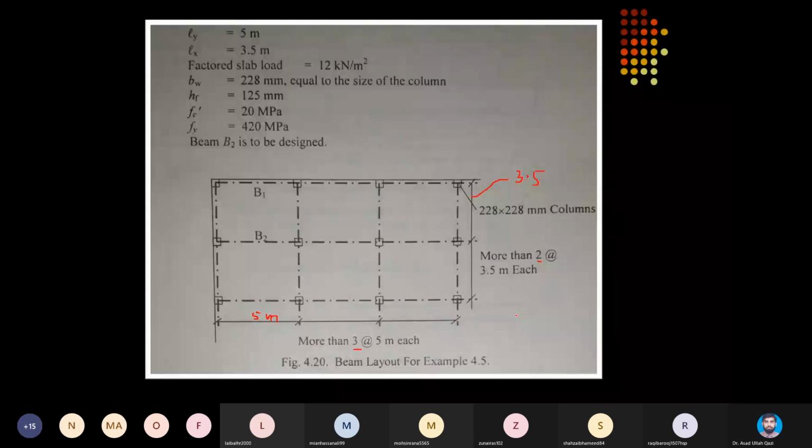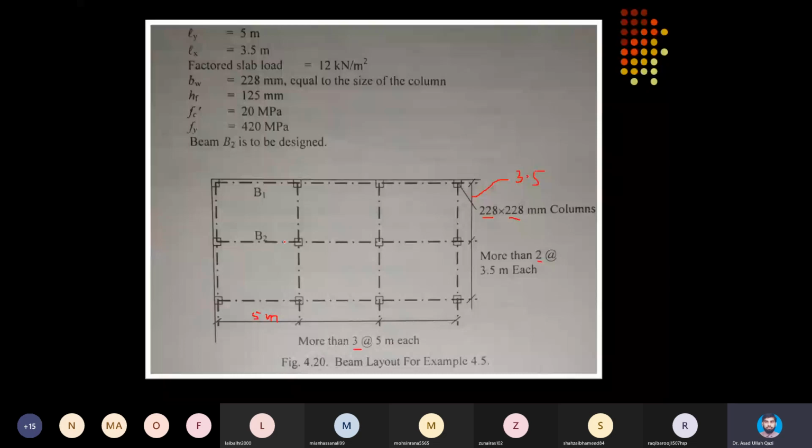And furthermore, it is stated that this slab system is resting on a beam column frame structure, and columns are 9 by 9 inch in cross section, 228 by 228, and beams are running on column center lines.